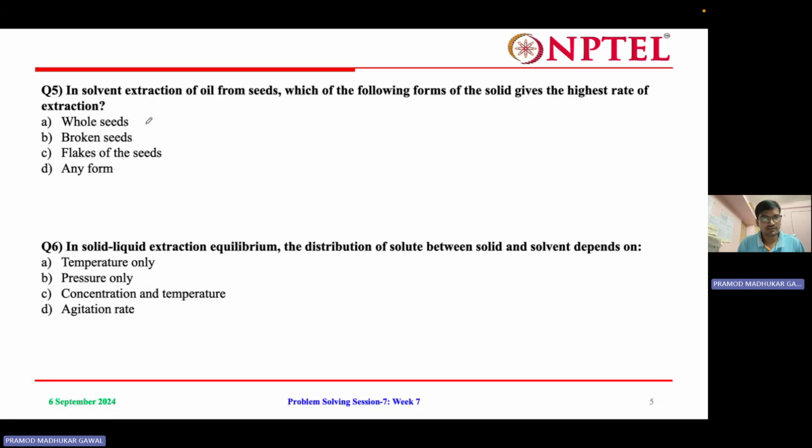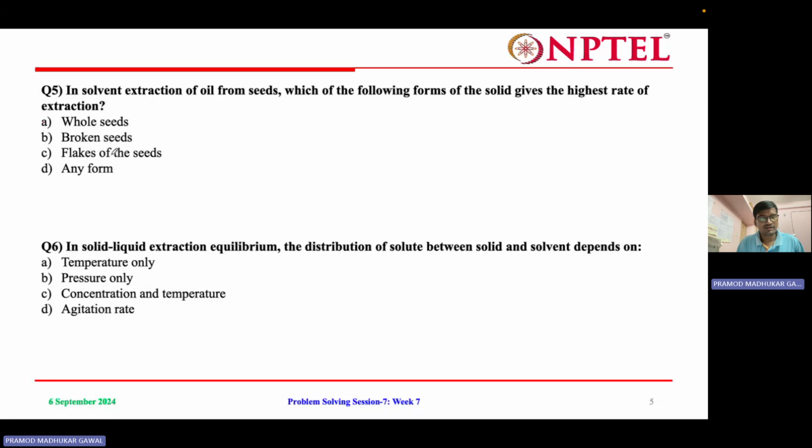So whole solid provides less surface area for contact and interaction of solid and solvent. Broken seed is also possible for a high rate of extraction. You can see the flakes of the seed.